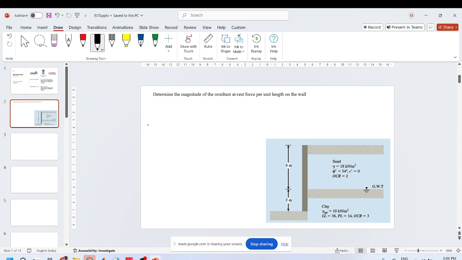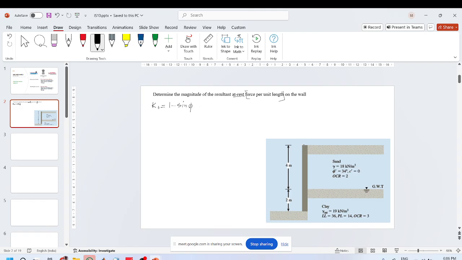At rest is K naught, and K naught is usually given by K naught equals 1 minus sine phi.